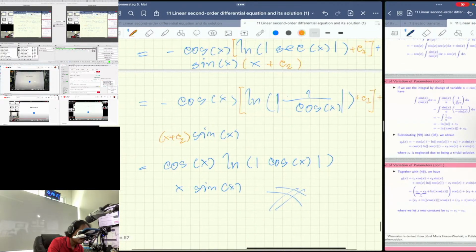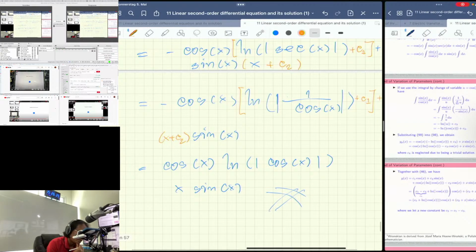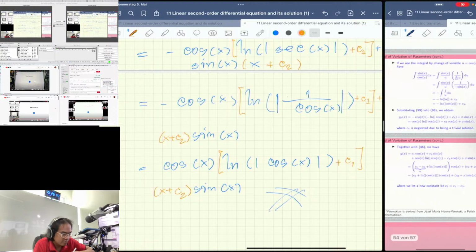And here you would have plus C1 and this term will be x plus C2. Not sure whether it's correct or not. Okay, let's check it on the website.